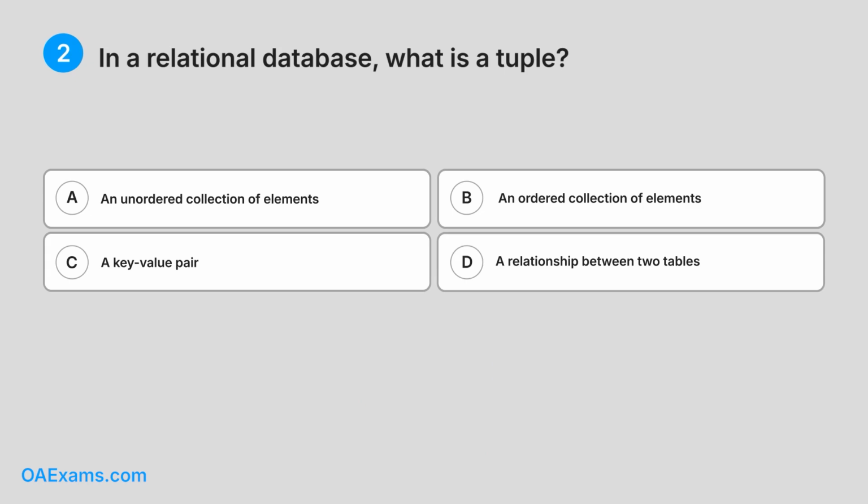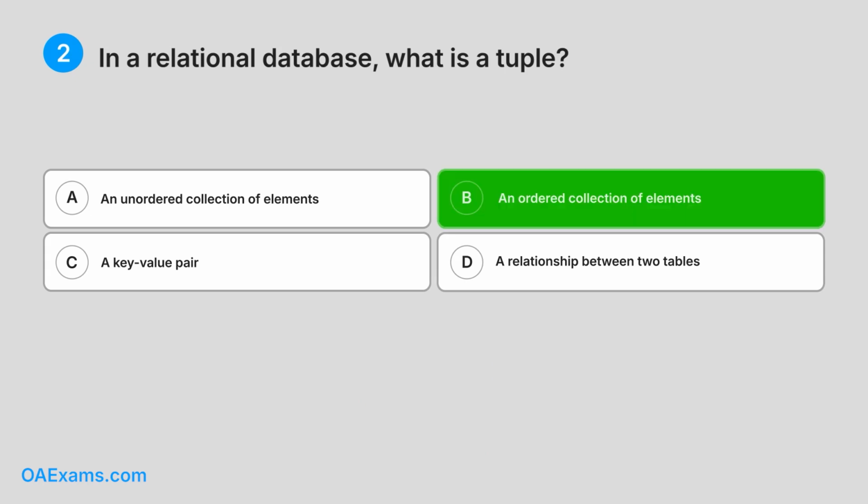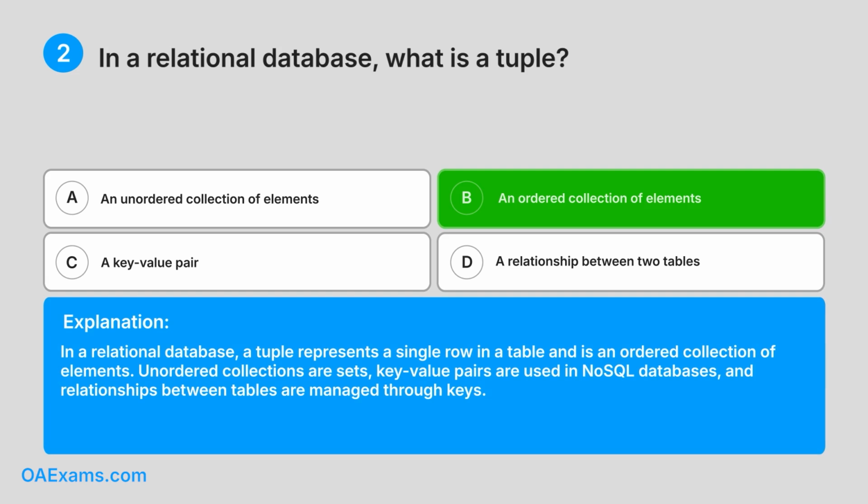Correct answer, B. An ordered collection of elements. Explanation. In a relational database, a tuple represents a single row in a table and is an ordered collection of elements. Unordered collections are sets, key-value pairs are used in NoSQL databases, and relationships between tables are managed through keys.